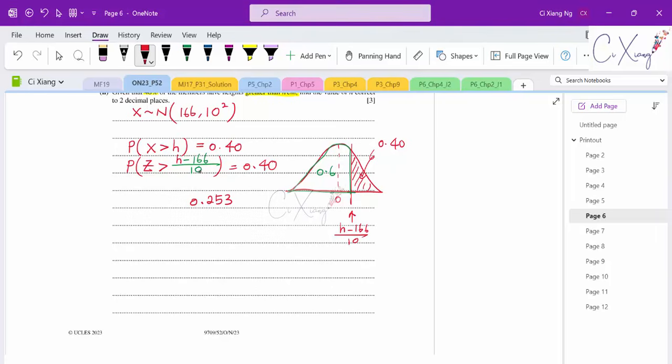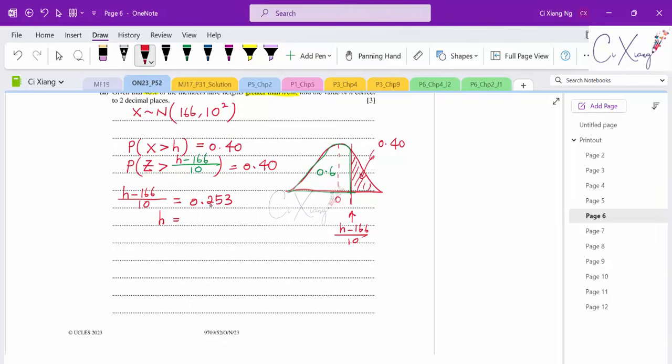If you look at this particular graph, you are aware that the value of z will be on the positive side, which is greater than 0. Therefore, I put 0.253 as positive. It equals the value z in our formula just now. Then what you need to do is simplify everything slowly and get the value of h.